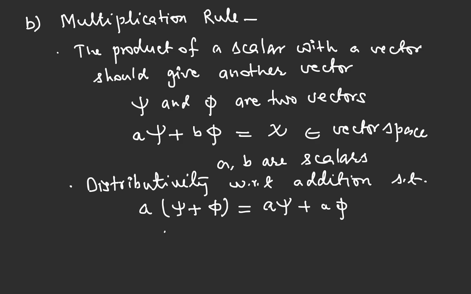And if there are two scalars added and multiplied with a vector of the vector space, then it should have the distributivity rule as a plus b into psi is equal to a psi plus b psi.